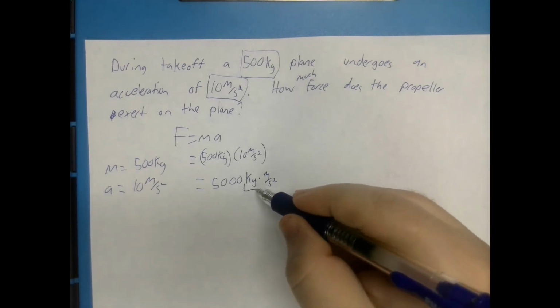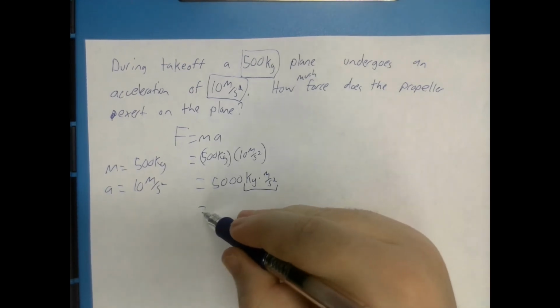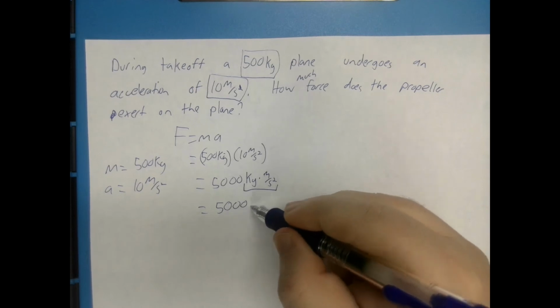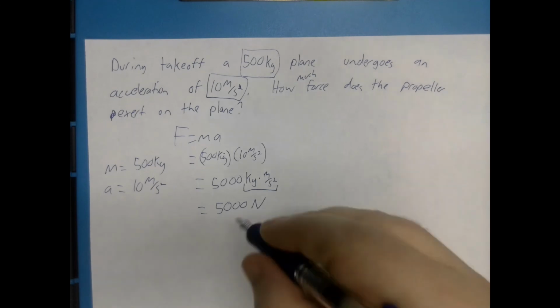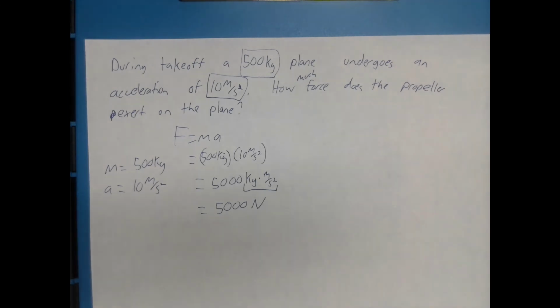But since it's in kilograms and meters per second squared, we can replace this with newtons. If it was in pounds and miles per hour, it would be pound miles per hour per second. Makes sense.